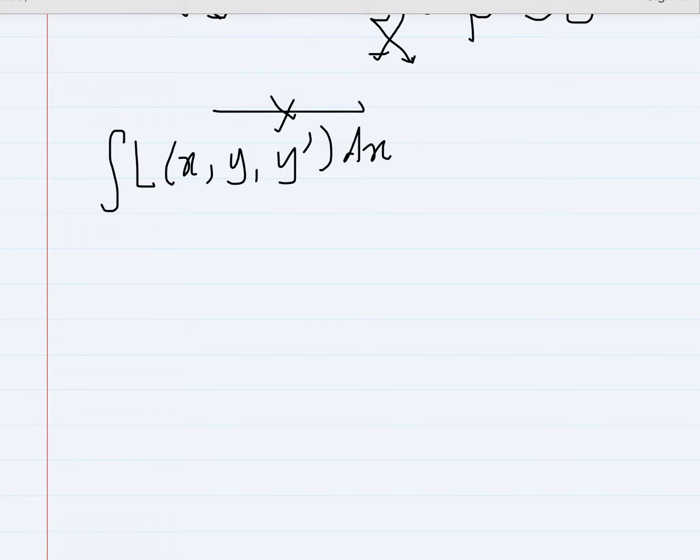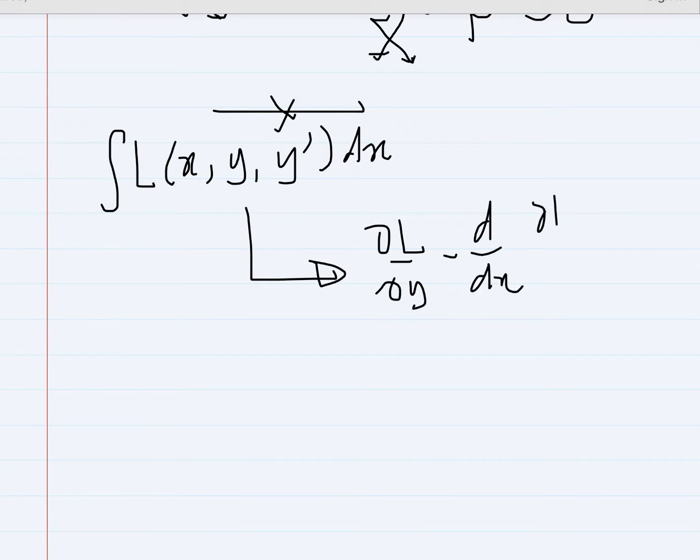And we said, for our purposes, that the function that leaves this integral optimized is a function that would satisfy the differential equation, which we call the Euler-Lagrange differential equation, dL/dy minus the total derivative of dL/dy dashed equal to 0.